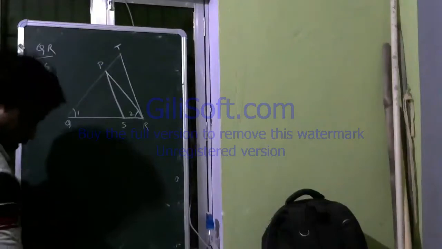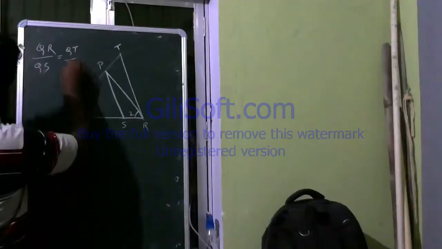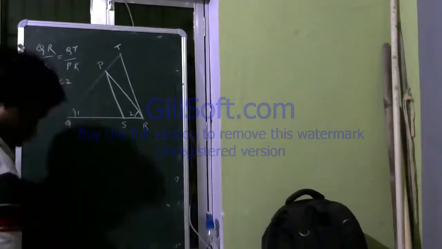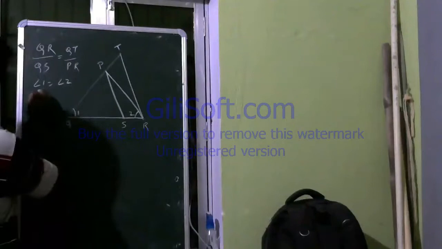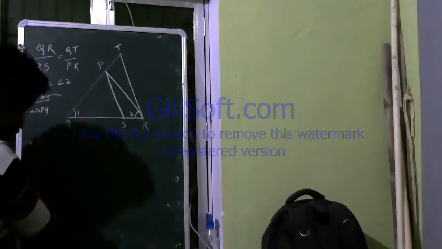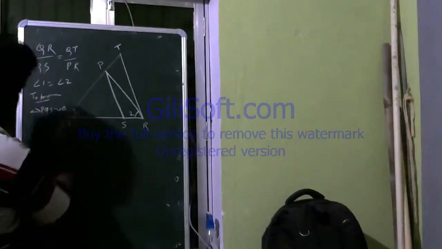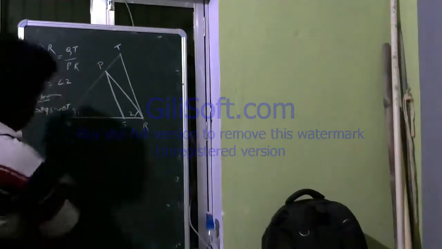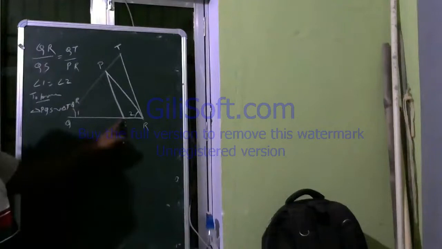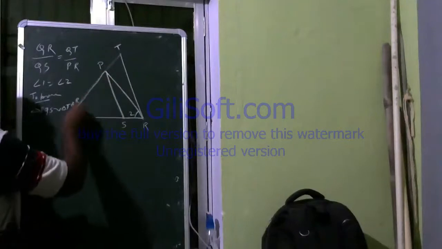QR by QS and QT by PR, and it is given that angle 1 is equal to angle 2. To prove: triangle PQS is similar to triangle TQR. This is what I have to prove. Okay, look, how will we prove it?